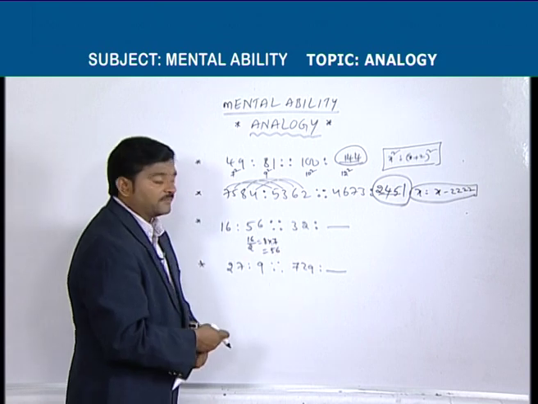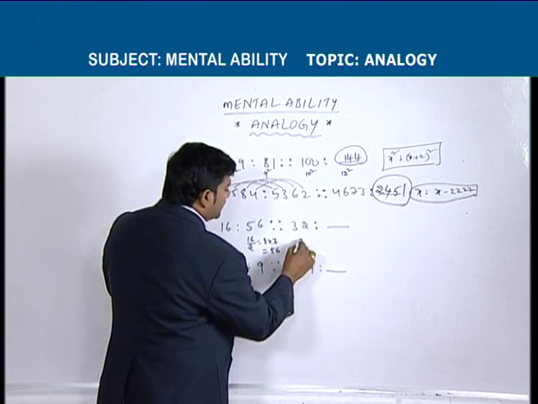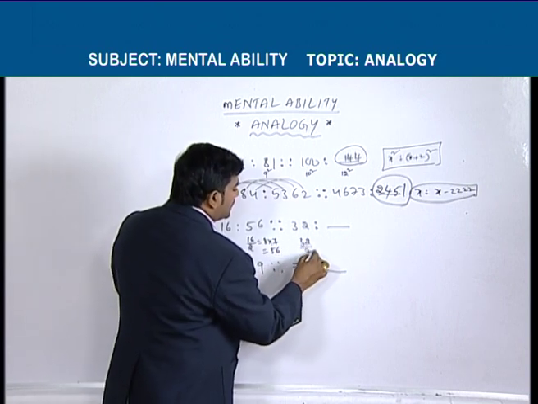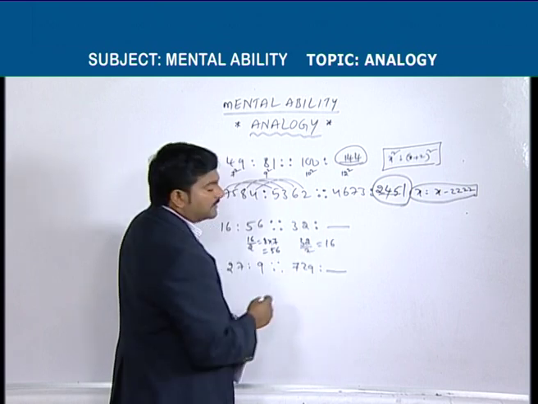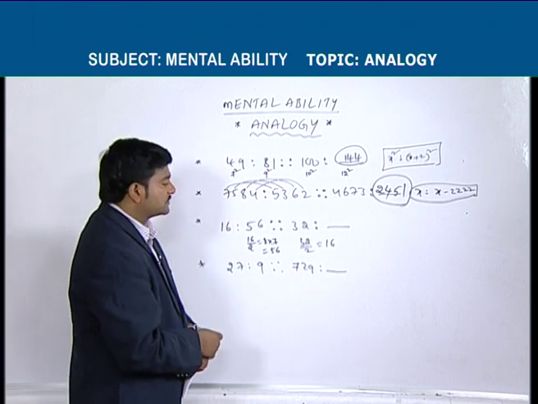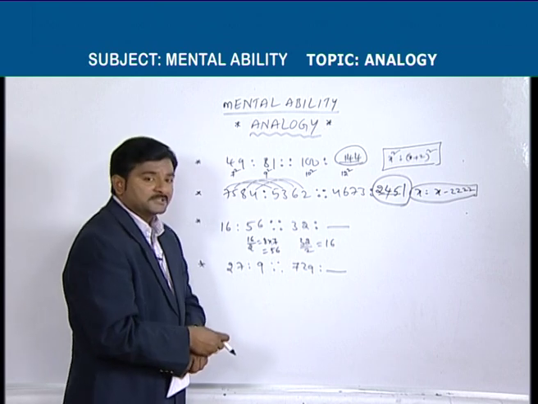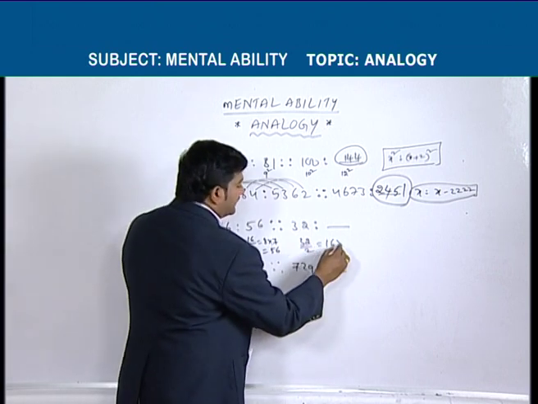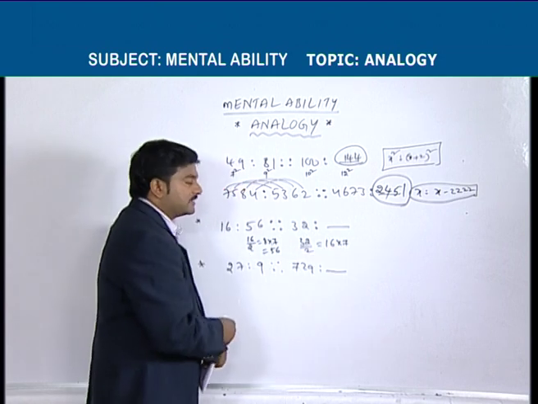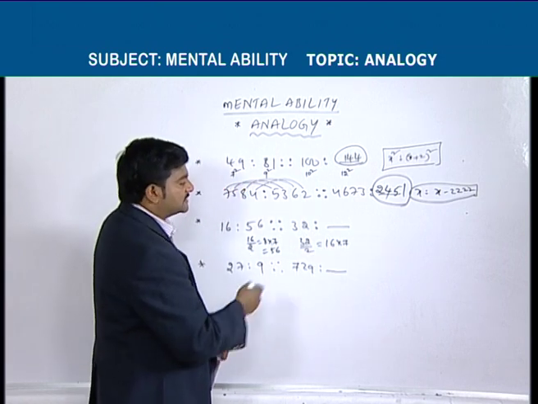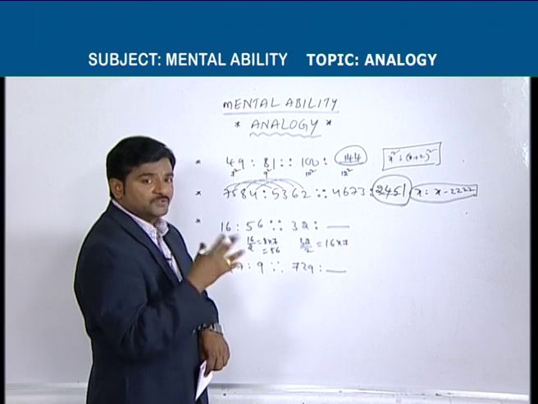Apply the same logic for that also. Half of 32 means 16. Now 16 must be multiplied by 7. 16 sevens, you may get confused.